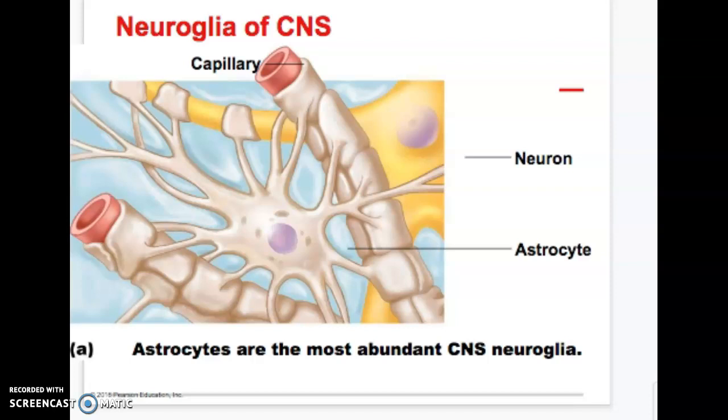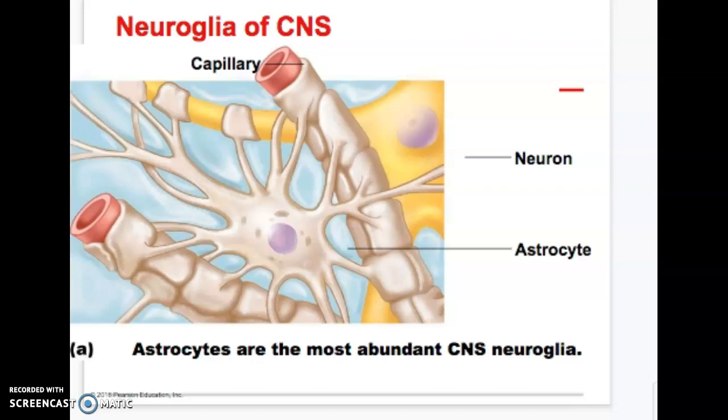They seem to have many, many functions that have to do with supporting the neuron itself, controlling the chemical environment that surrounds the neuron, responding to impulses. But as with all neuroglia cells, it's really hard to study them because they're on the inside of our central nervous system. Even the ones that are inside our nerves are hard to study. So we're still learning what they do.